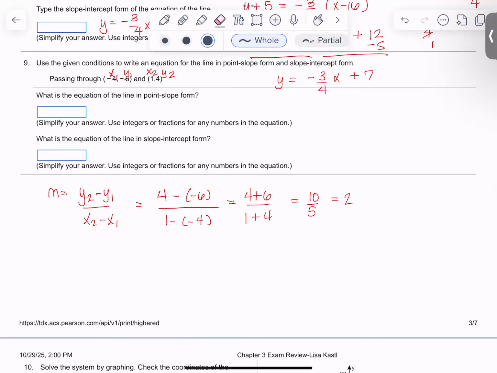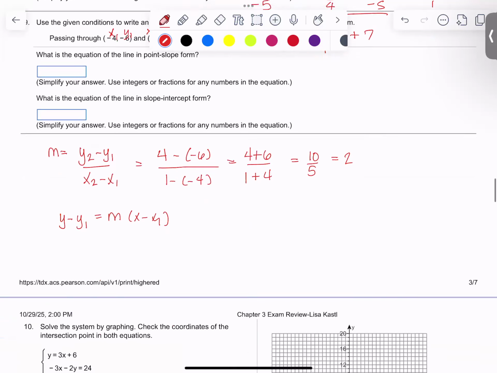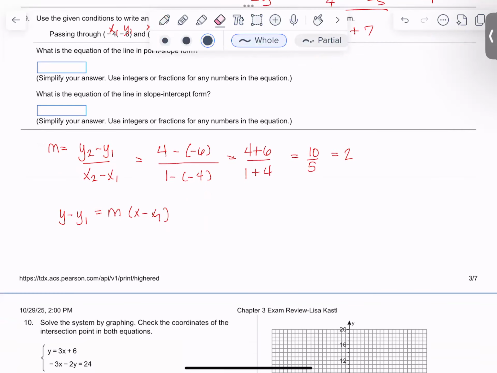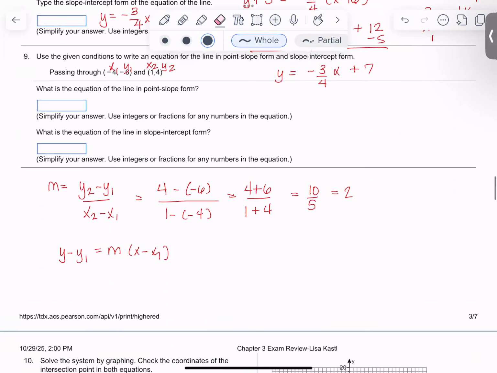So now using the point slope equation, y minus y1 is equal to m times x minus x1. I'm just going to stick with the point being that first point. Actually, if it were me, it really doesn't matter which point you use. And I'd probably use the second one. To be honest with you, the second one, both coordinates are positive. So there's probably a less likely chance of me making a sign error.